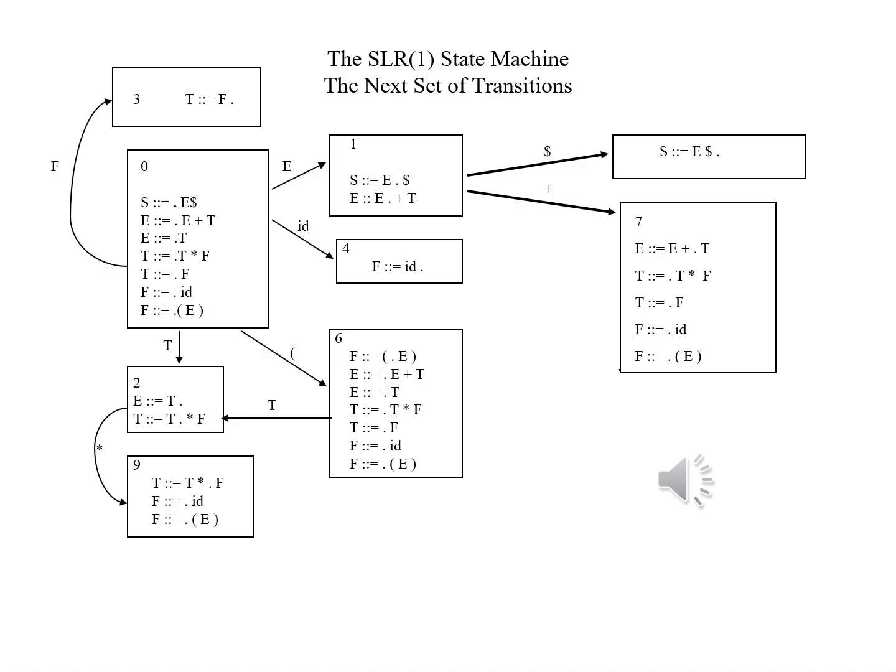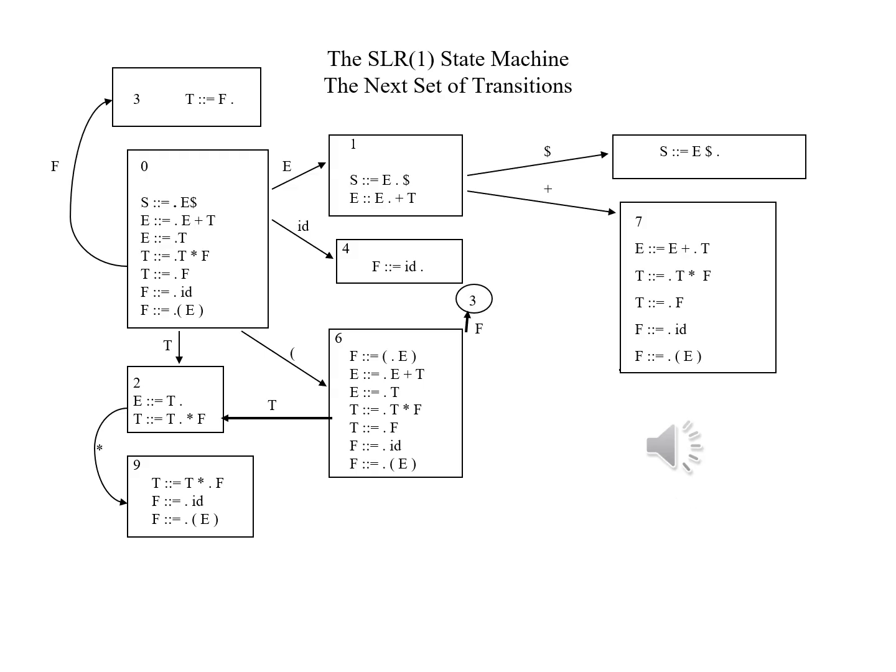Let's start looking at the transitions from state 6. The first thing that we will see is that there is going to be a transition on T. This will go to state 2, because again we'll have a transition from E derives dot T and T derives dot T times F. It is pretty much the exact same transition that we had earlier from state 0.